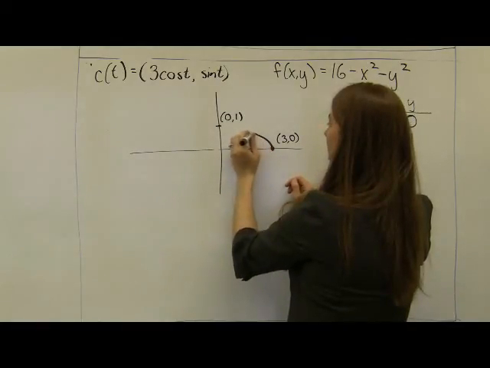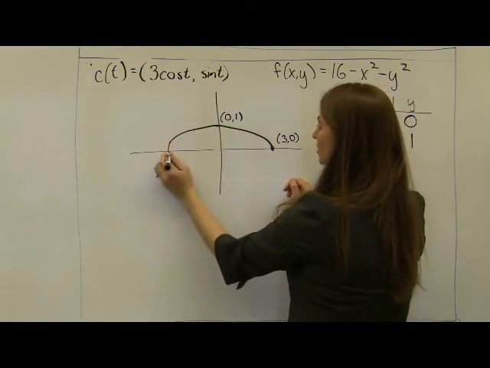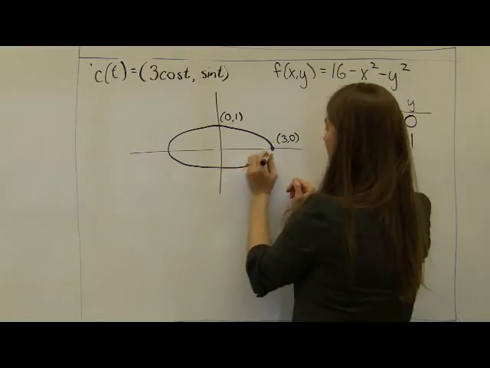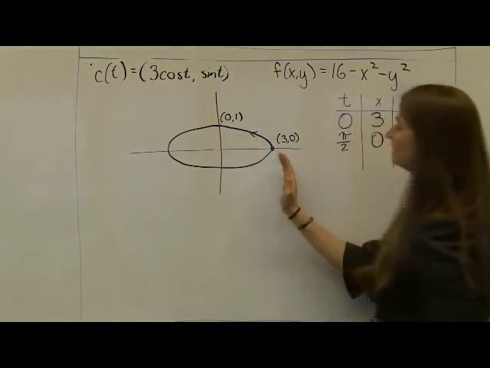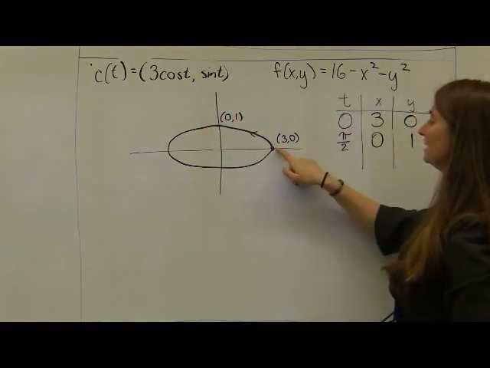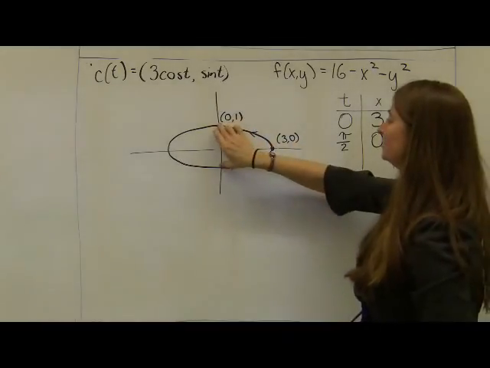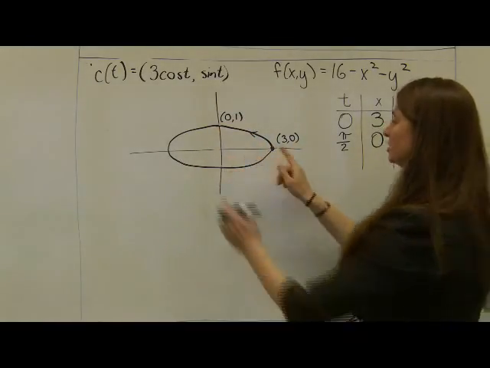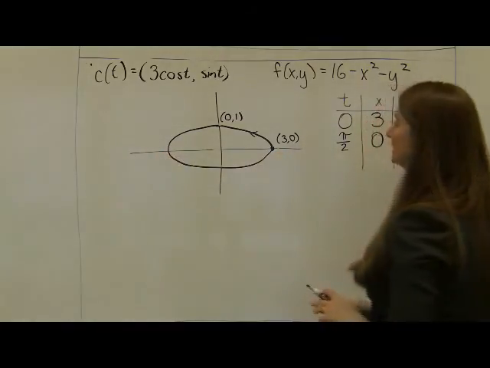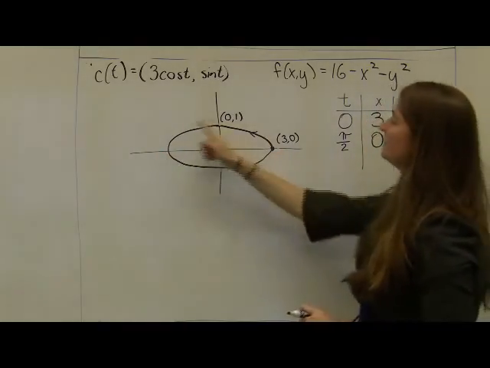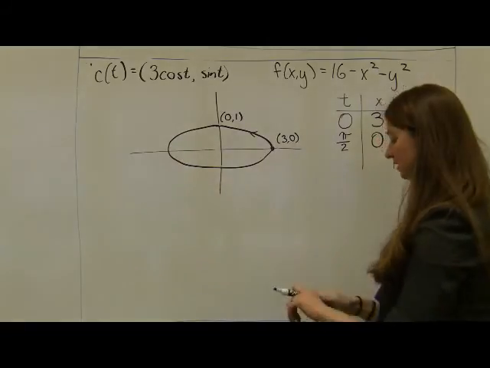I could plot the remaining points, or you can plot them on your own if you would like, to see that the path is going to look something like this, with an initial position at (3, 0), a minor radius of 1 in the y direction and a major radius of 3 in the x direction. So this is the path that the probe is going to be traveling along.